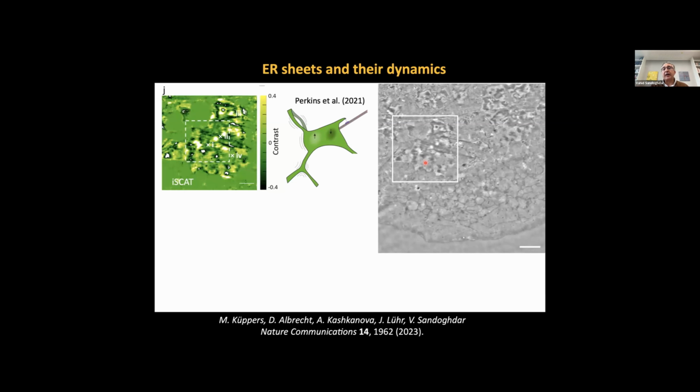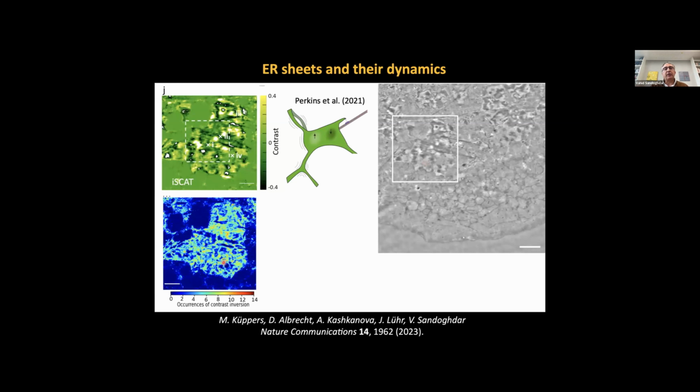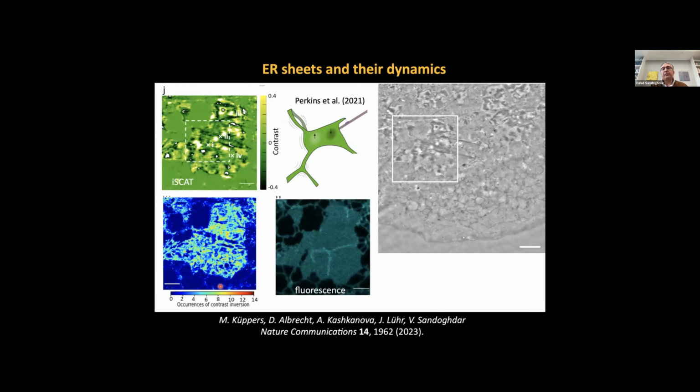By looking at it over time, you can figure out how often they move up and down. This picture here is a map of how often different parts have been going up and down. Again, a lot more details are in the paper. But if you were to look at the fluorescence image of the same region, you wouldn't be able to say anything about it because the fluorescence appears to be fairly homogeneous.